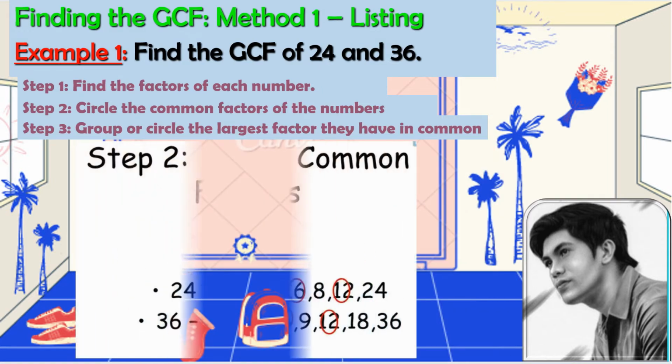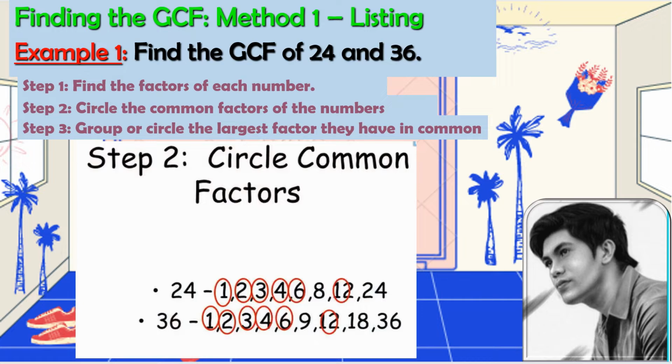Step 2, circle common factors. So, ano ba yung mga factors na makikita mo sa 24? Ano din yung mga factors na makikita mo sa 36? Una, 1. Yung 24 may factor na 1, ang 36 meron din. So, i-circle mo po yon. Ano pa ang mga common factor? 2. Meron 2 sa 24, meron din 2 sa 36.